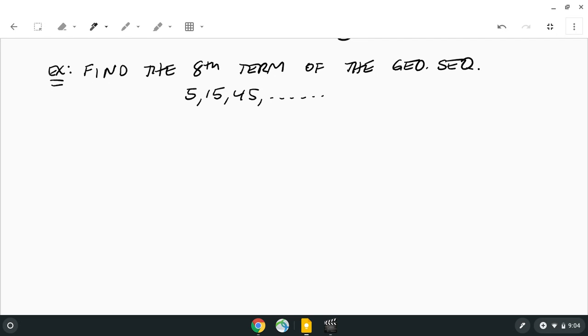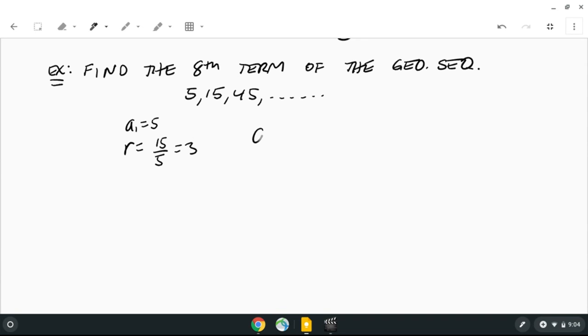Here we see that A1 is 5. We see that R is 15 divided by 5, which is 3. So AN is 5 times 3 to the n minus 1.